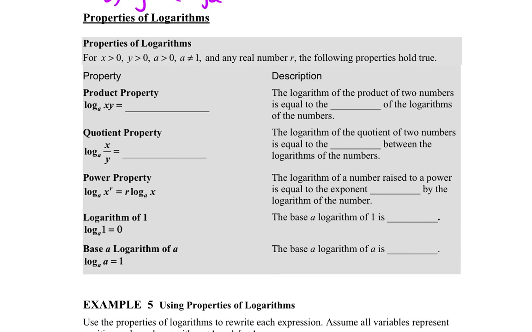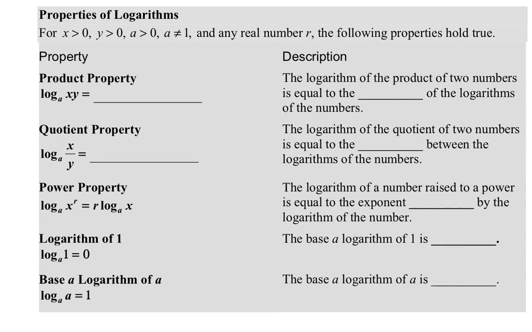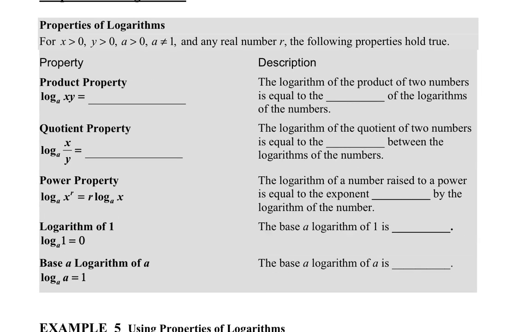All right, properties. This is where we're going to get into separating the information that's given to us a little bit. If you are multiplying two things together, this is called your product property. You can break them apart and find the log of each number and then add those two responses together.